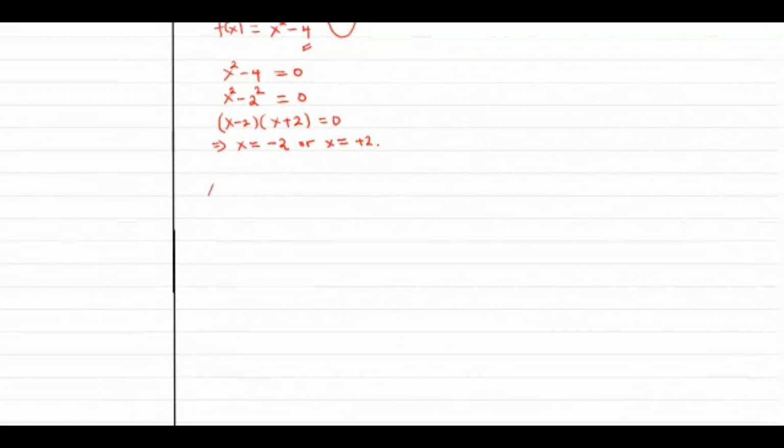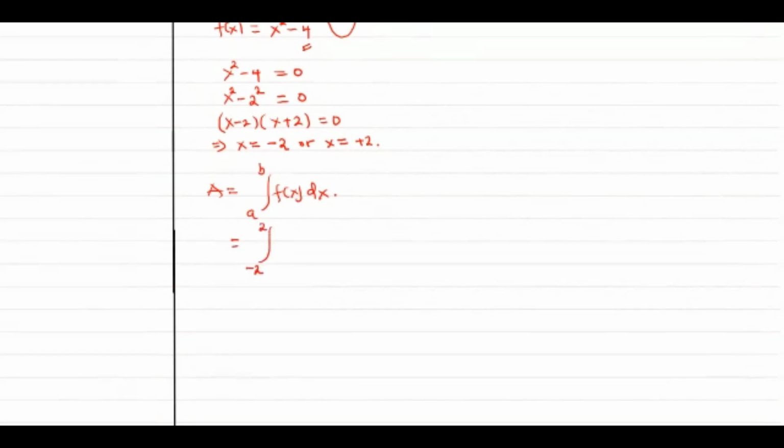Area is given by the integral of f of x with respect to x from the lower boundary A to the upper boundary B. Now we have these boundaries A and B, so very quickly let's replace them. The lower boundary is -2, the upper is +2.